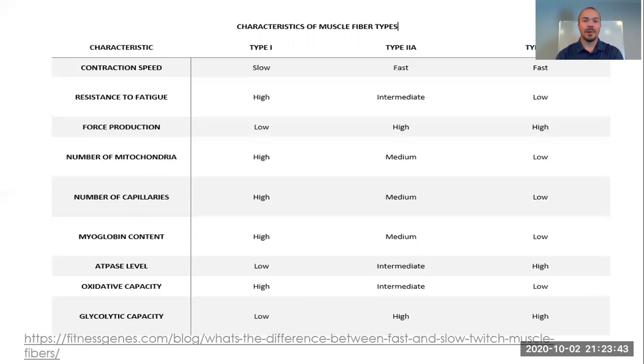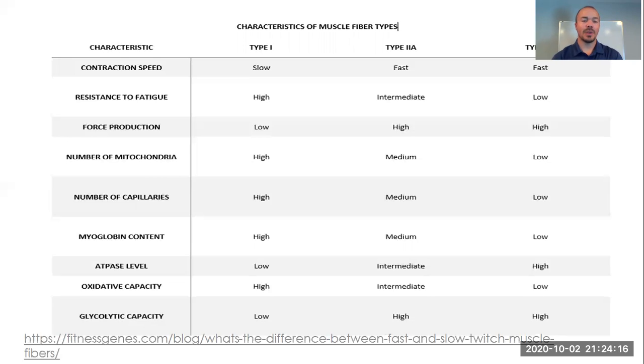Something else I want you guys to keep in mind is our characteristics of muscle fiber types. Now we know that those type 2B muscle fibers are going to help us run fast and produce speed. But if we want our body to transform and mutate into optimizing those type 2B muscle fibers, we must beware of overtraining or spending too much time training as if we were a type 1 muscle fiber athlete.